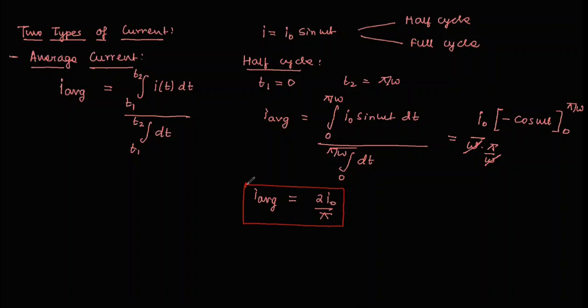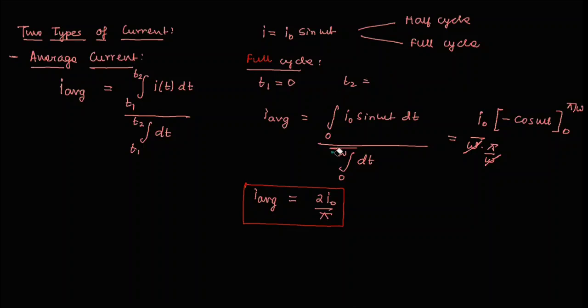The next thing we are doing is calculating for full cycle. The only thing that is going to change in the calculation of full cycle is the limit. So I am changing it over here itself. So the half I am making it a full cycle, and then the change in limit is to be done.